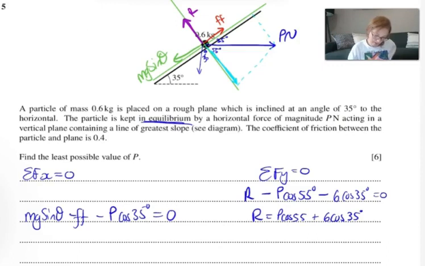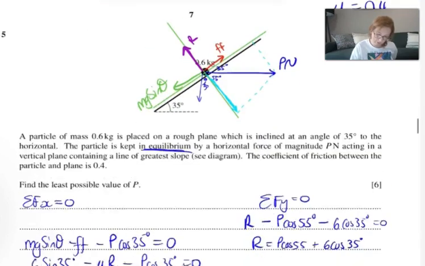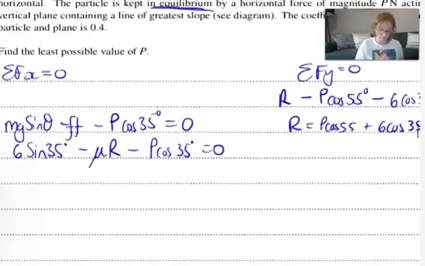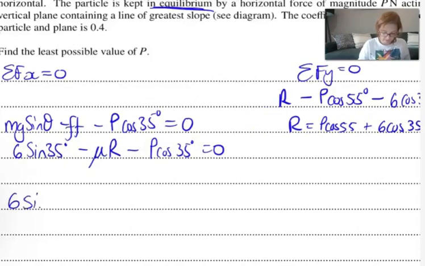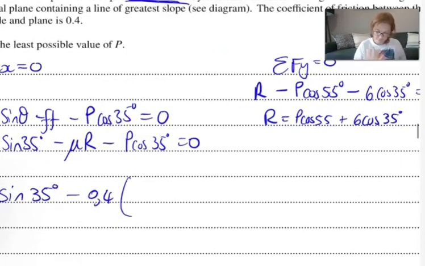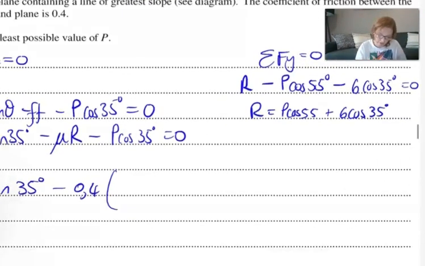That's equal to 0. So this is 0.6 times 10 is 6 sine 35 minus my frictional force, which is mu times R. I know what my mu is. My mu is 0.4. So I've got 6 sine 35 minus 0.4 times, now I've got my R value.